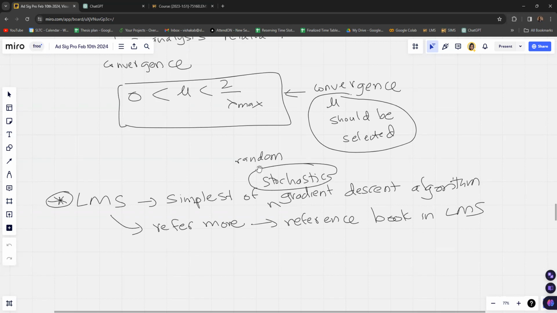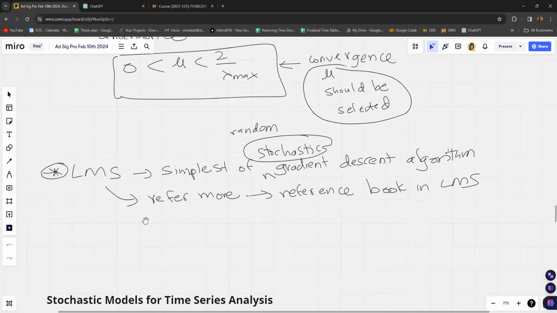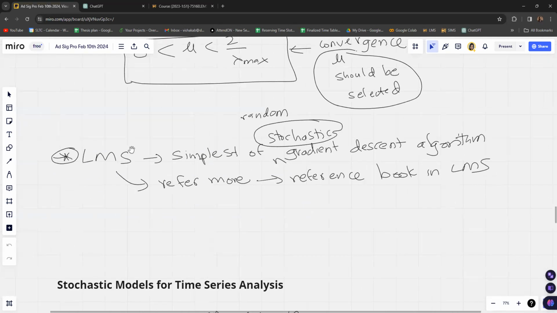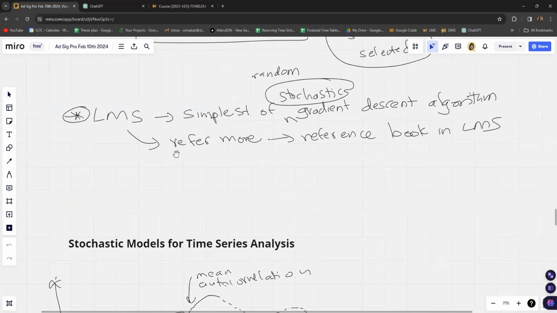The stochastic gradient descent algorithm is a bigger algorithm that is studied extensively, but currently we have discussed one primary example of it. This primary LMS algorithm is the simplest one, and it can be used for the moment for our prediction purposes.